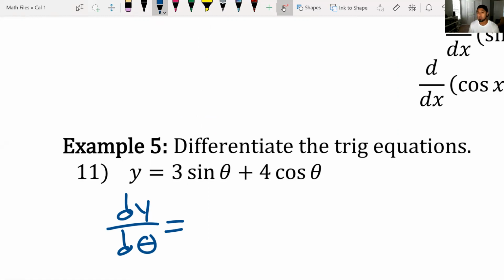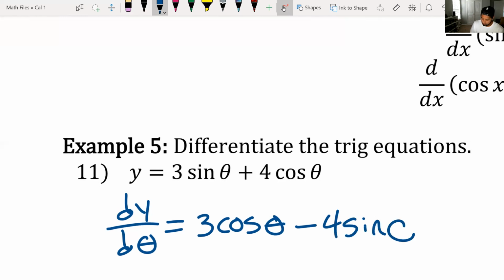So, using our new derivatives above, the derivative of 3 sine theta is 3 cosine theta. The derivative of 4 cosine theta is going to be negative 4 sine theta. That's it.